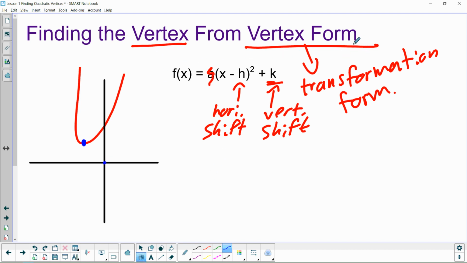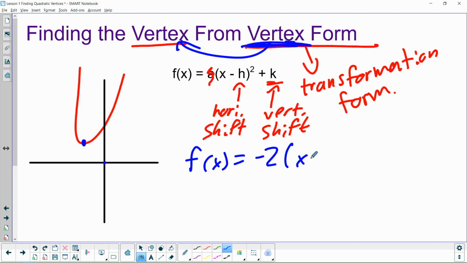Let me give you an example. If I give you the function f of x equals -2 times (x minus 3) squared plus, what's your favorite number? 7. All right. This is our horizontal shift, and this is our vertical shift. So we're going to be going up 7, and we're going left or right. Remember, h is always reversed from what it should be.